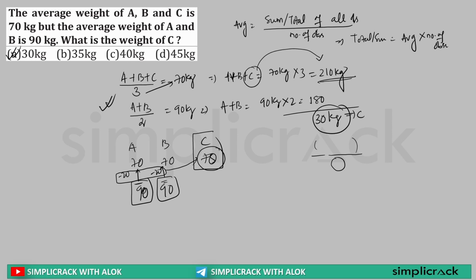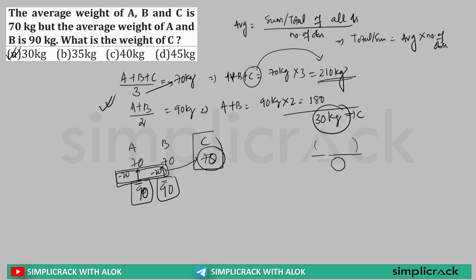Previously the value of A was 90 kg, value of B was 90 kg, but when C came, their value dropped by 20 kg and 20 kg. Understand this. If their value is dropped by 20 kg, where has this value gone? Because the total will always remain the same.